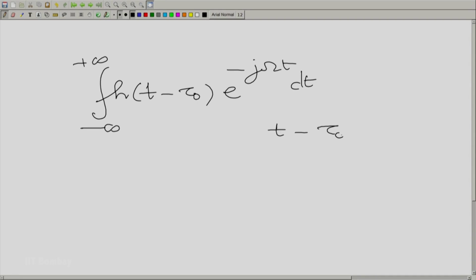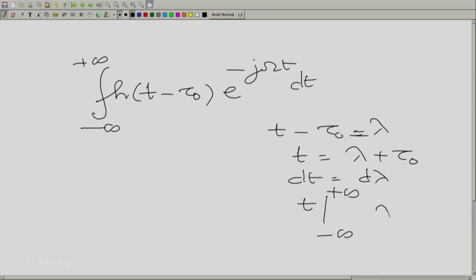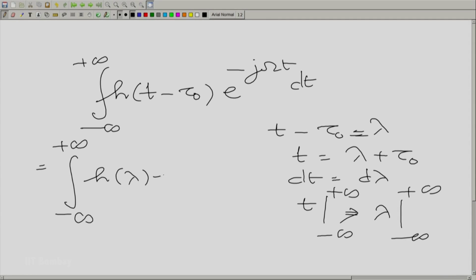Put t minus tau 0 is equal to lambda, whereupon t is lambda plus tau 0 and dt is the same as d lambda. And when t runs from minus to plus infinity, lambda also runs from minus to plus infinity, and therefore this integral simply becomes minus infinity to plus infinity h lambda e raised to the power minus j omega times lambda plus tau 0, d lambda, which you can now separate.